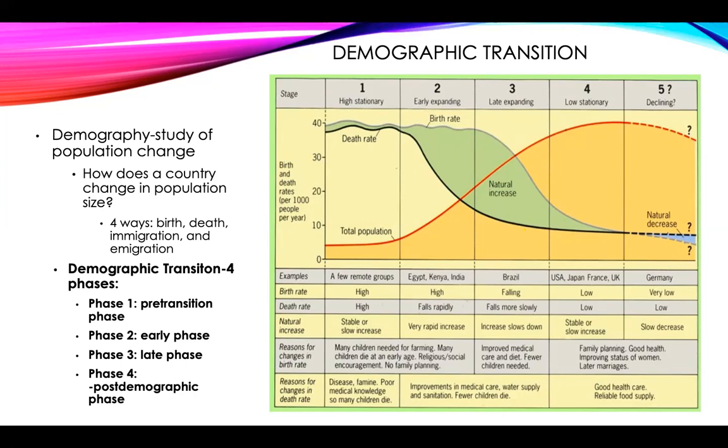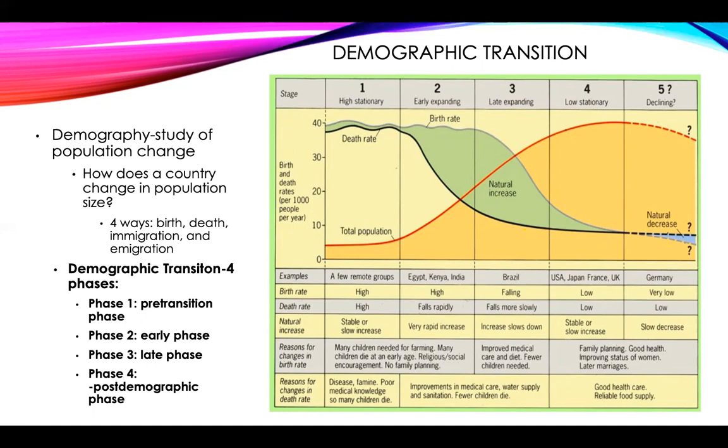Then we have phase three. This is the late phase of the expanding phase, late expanding. Birth rate begins to fall, and death rate is starting to fall more slowly. So this leads to the increase slowing down. As people are figuring out that because of improved medical care and diet, people are living longer, they're starting to see usually that fewer children are needed.